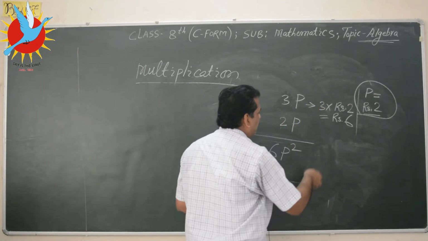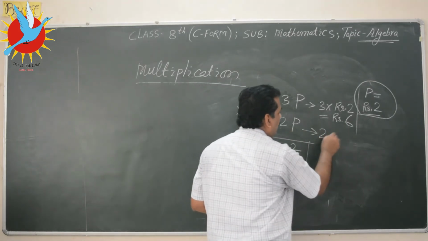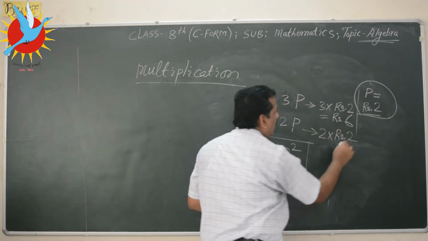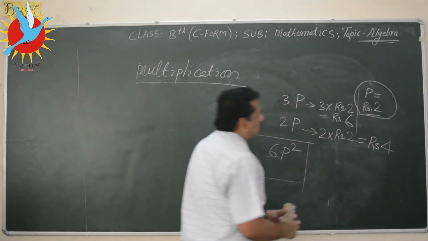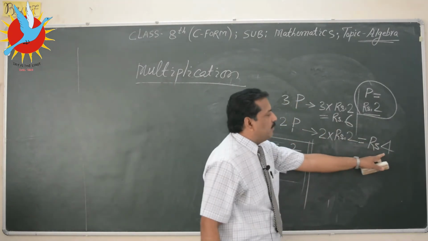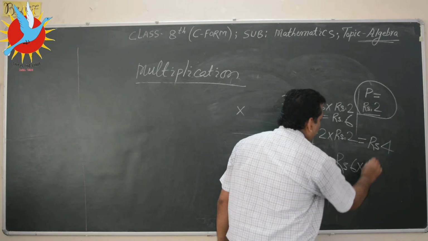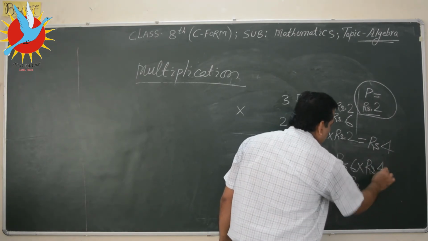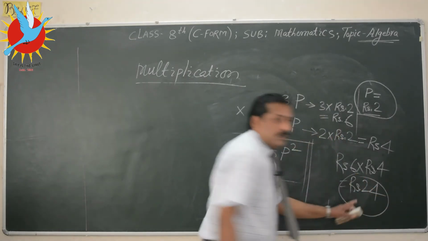This is 2p. So similarly we can analyze: 2 multiplied by rupees 2 for p, and this is rupees 4. So now rupees 6 multiplied by rupees 4, 6 4s are 24. Okay, so our output is this.